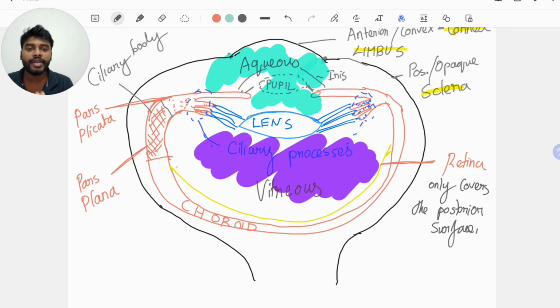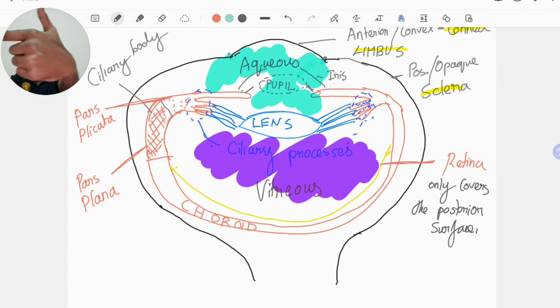I will give you an easy way of understanding this. If you stand in front of the mirror and keep your hands like this, this part will be your ciliary body, and this finger projection is the pars plicata, and this plane surface is the pars plana.